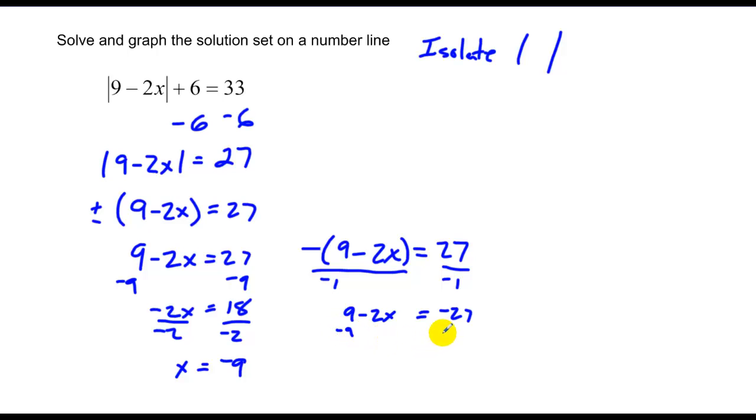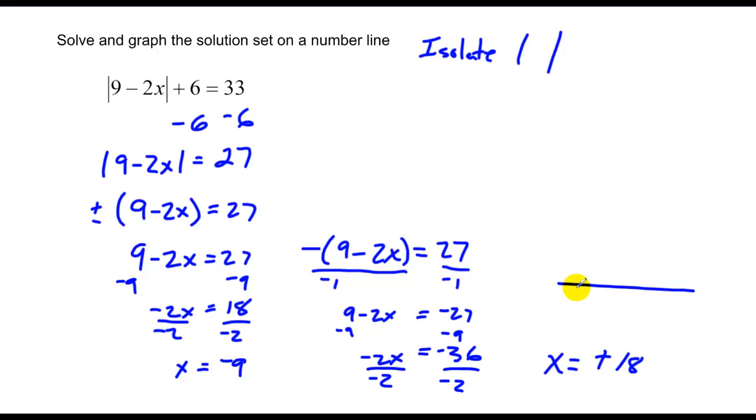Subtract 9, giving me negative 36 is equal to negative 2x. Divide by negative 2, and I have x equals positive 18. So if I write this on a number line, I get negative 9 and positive 18.